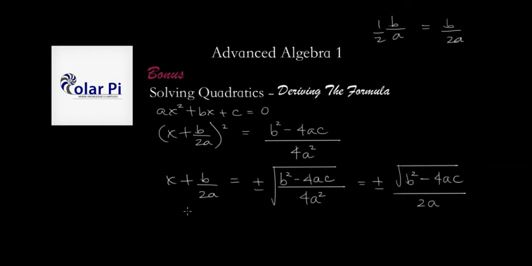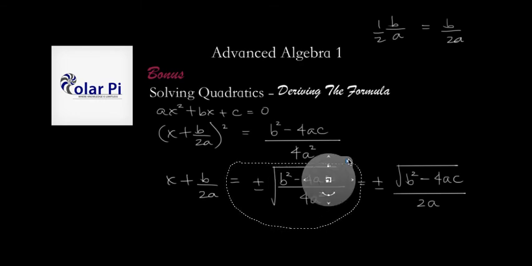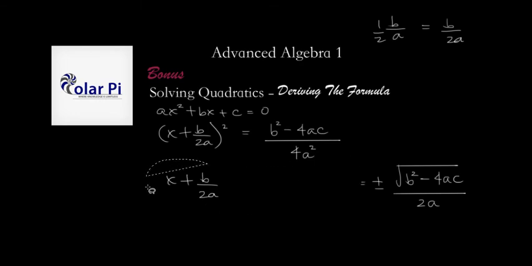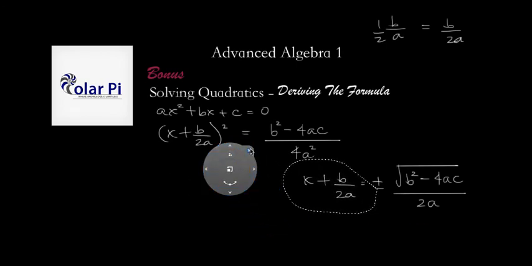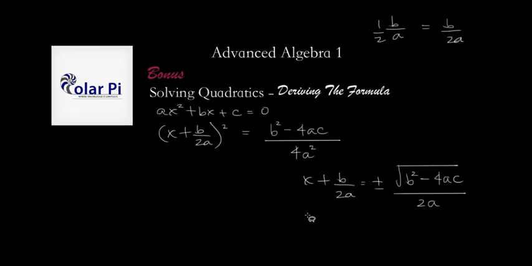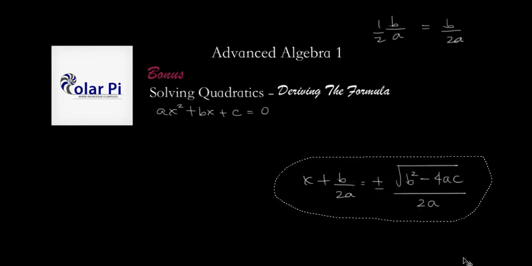And convenient, because we have a 2a denominator there, because in our last step, it's pretty obvious what we're going to do. We're going to take this equation right here, and then we're going to subtract b over 2a from both sides. And clearly we are on the home stretch, because when we do that, what are we going to get?